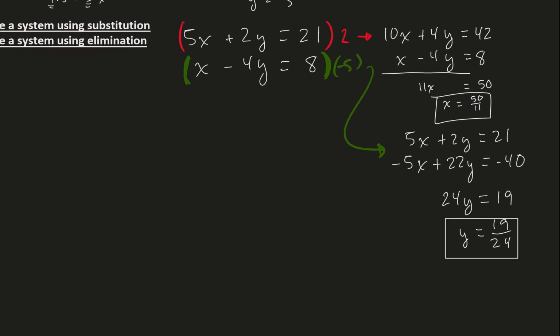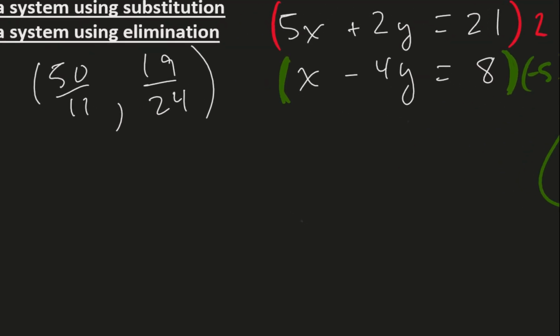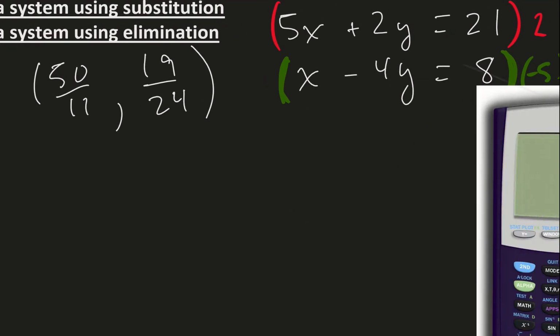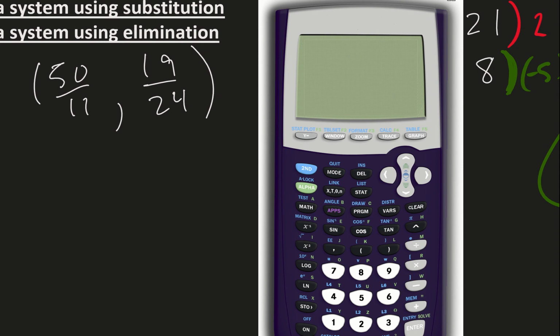So let me write it a little bit larger here. So we've got 50 over 11, and we're looking at 19 over 24. And we just want to see, does this do what a solution should do? Does it make the equation true? So let's start again by turning on our calculator. And I'm going to clear this screen, and I'm going to go ahead and enter both of these.